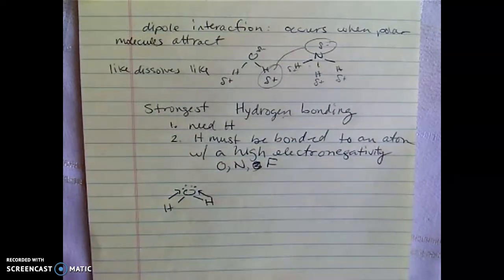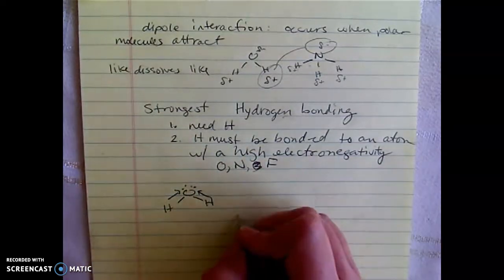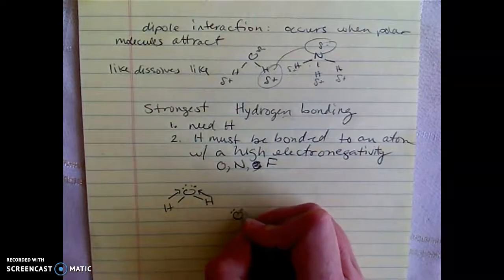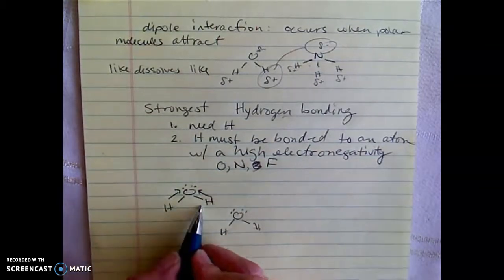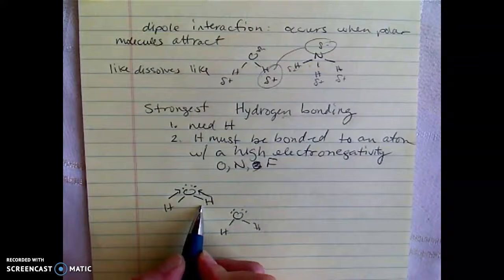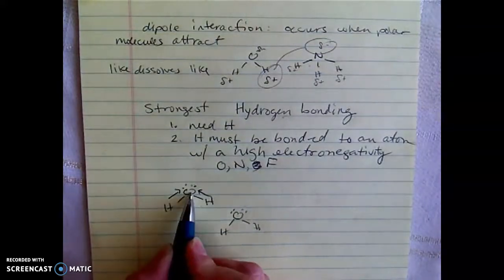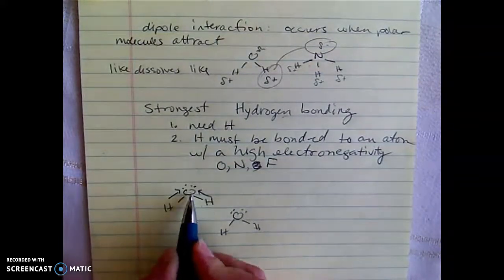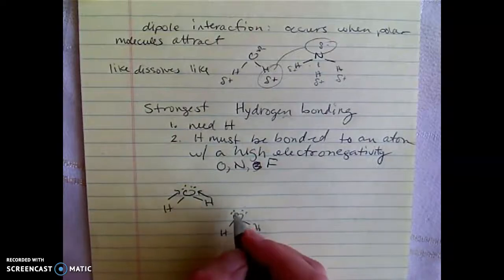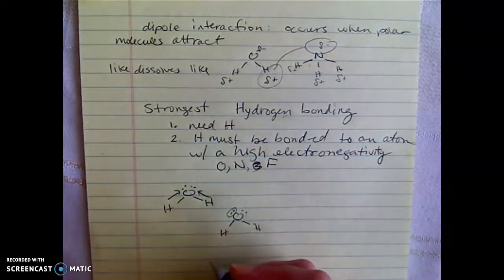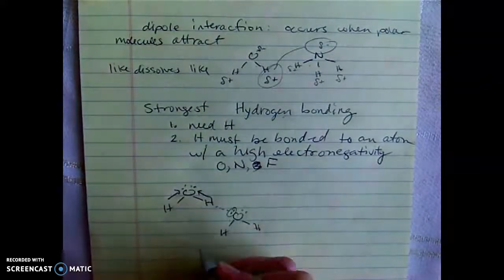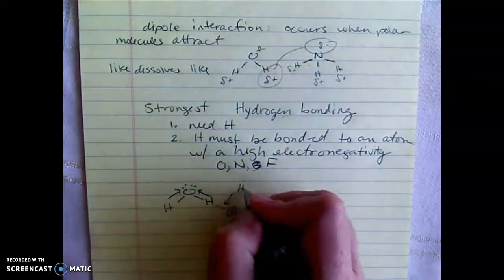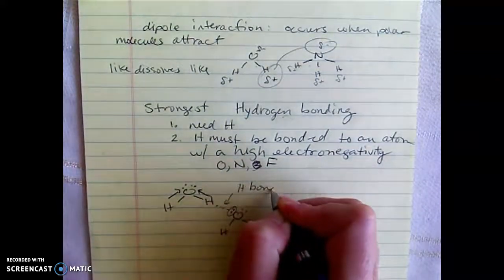Okay? So when another water molecule comes in, you've got oxygen with its lone pair of electrons, and you've got your hydrogens, and this hydrogen feels like it doesn't have any electrons because this oxygen is taking them. When another molecule comes close to it that has a lone pair of electrons, hydrogen says, hey, I can have those electrons. And that will give us a hydrogen bond.